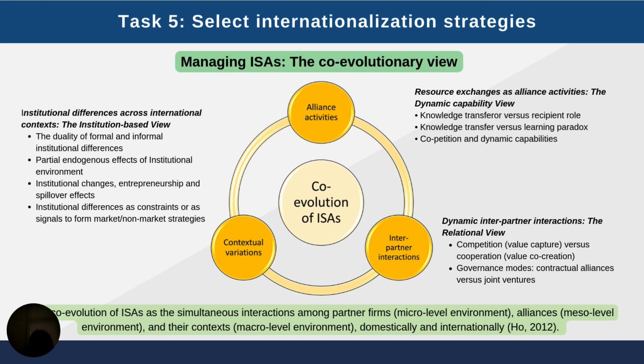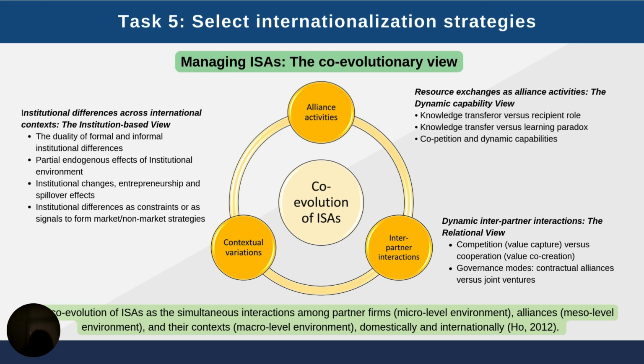And last but not least, not to mention the nature of international collaboration. What sort of alliance activities are involved in the cooperation? Is it as simple as a buyer-supplier exchange, or as complicated as a joint venture involving equity investments and control issues? All of which impact the alliance performance for sure.